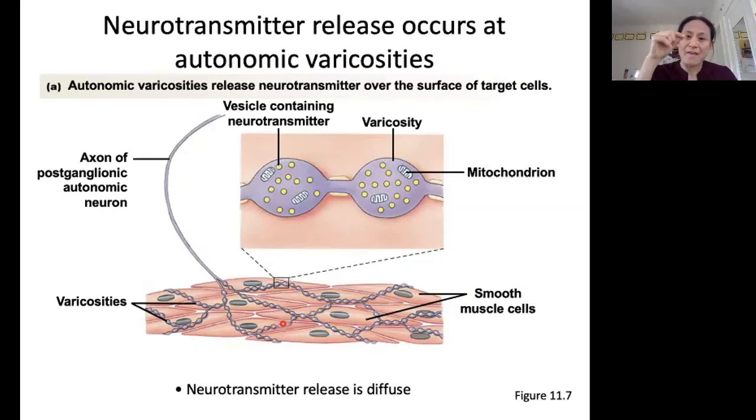Instead of having that specific one-to-one relationship that we saw with the synapses we were looking at before, we have a mass release of neurotransmitter at the target. This diffuse neurotransmitter release is going to lead to a global response from the target. Instead of telling one little cell to do something, you're telling this whole area to do whatever it is. In this case, it's smooth muscle, and it's going to tell the smooth muscle to contract.